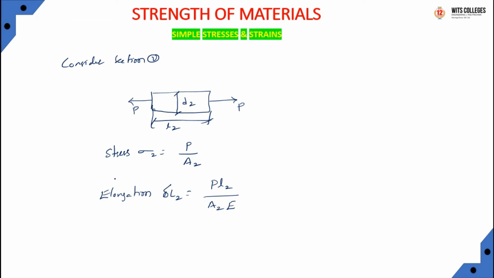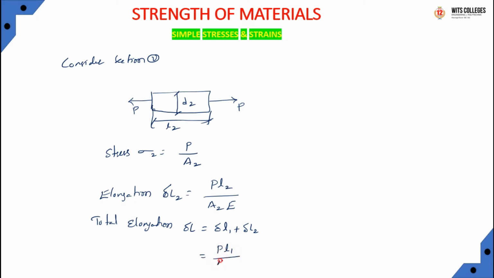Then how do we get the total elongation? That is total elongation, delta L equals delta L1 plus delta L2. So what is delta L1?